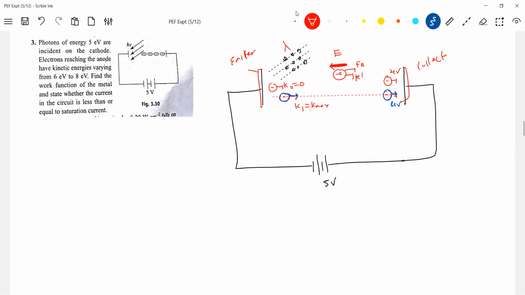This is the range of kinetic energies of electrons striking the collector. Let's analyze whether we can determine anything from here. Don't give the answer for the time being, let others analyze.